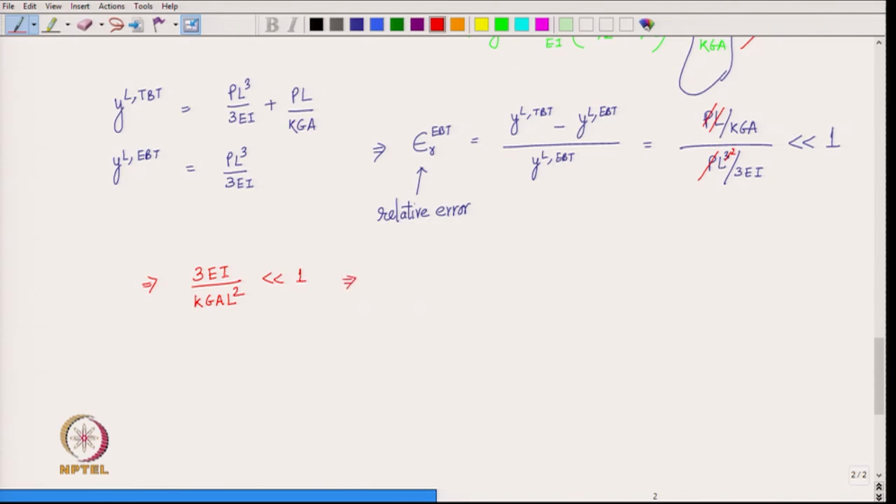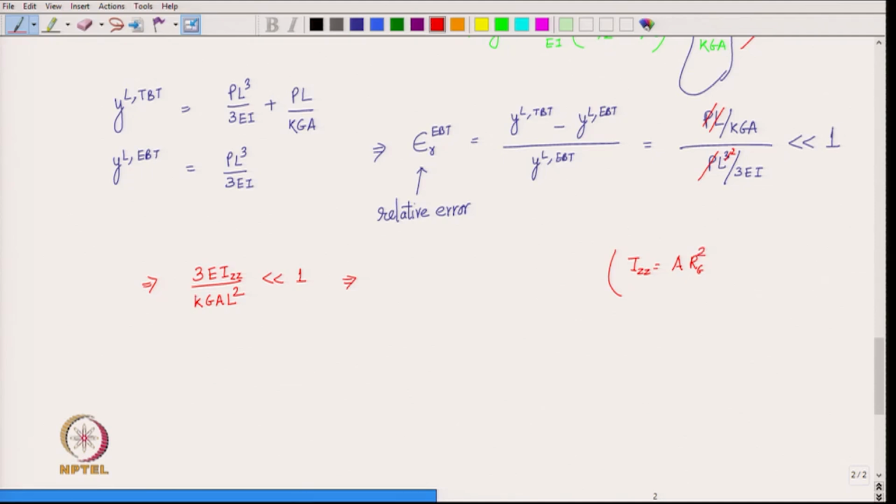See this I, that is your I_zz, the second moment of area. We could also write I_zz as area times the radius of gyration squared, R_g².